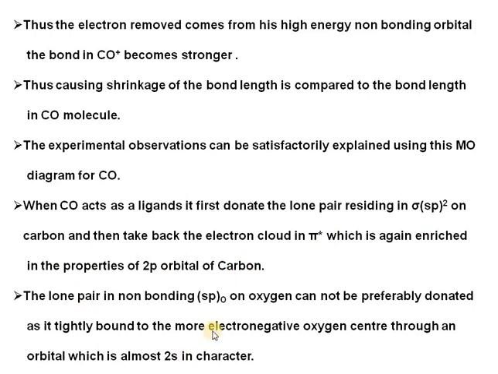The lone pair in the non-bonding sp of oxygen cannot be donated preferably because it is tightly bound to the more electronegative oxygen center, in an orbital which is almost 2s in character.